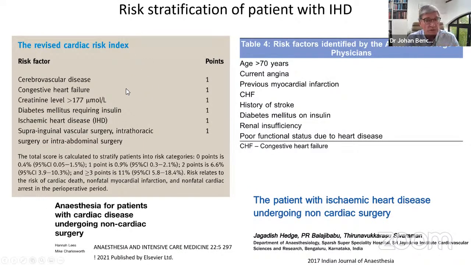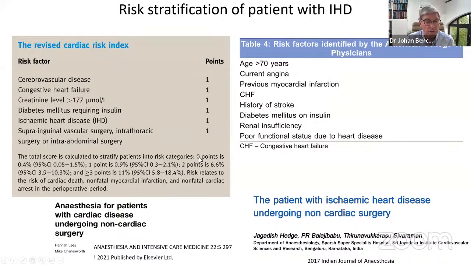And it looks at all the risk factors, or the major risk factors that play a role, as you could see on the previous slide: cerebrovascular disease, congestive heart failure, creatinine, renal disease, diabetes. Each one of these gets 1 point.